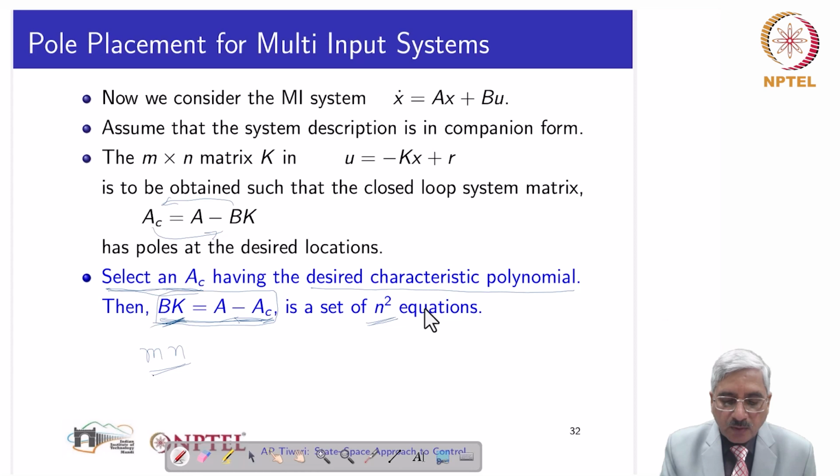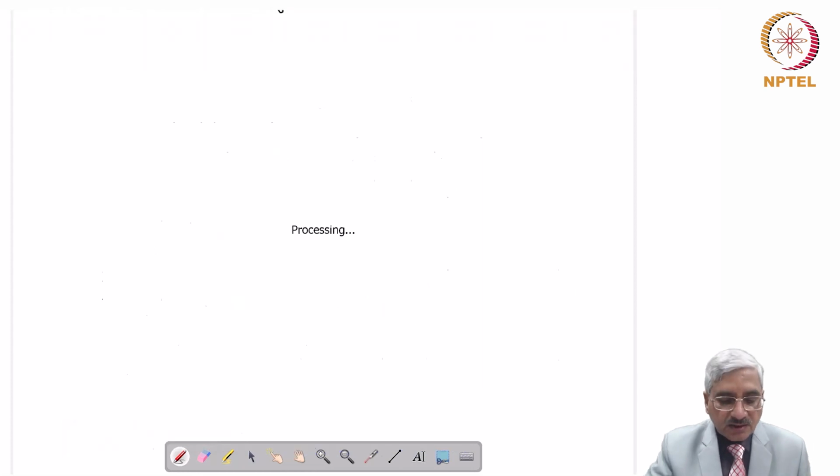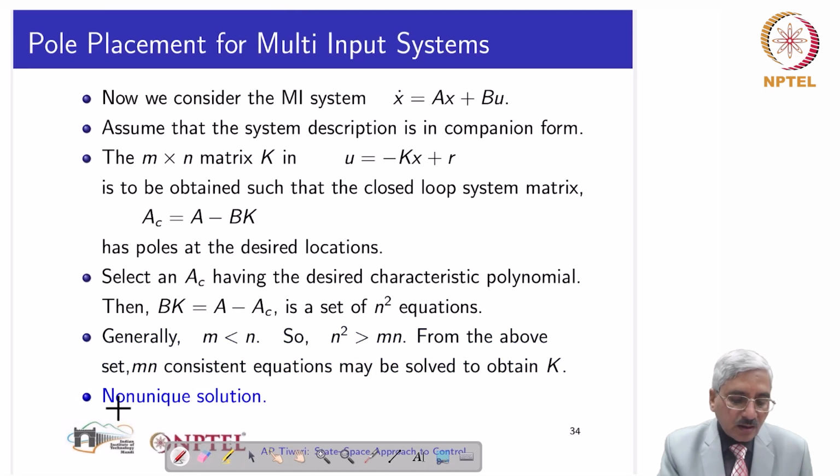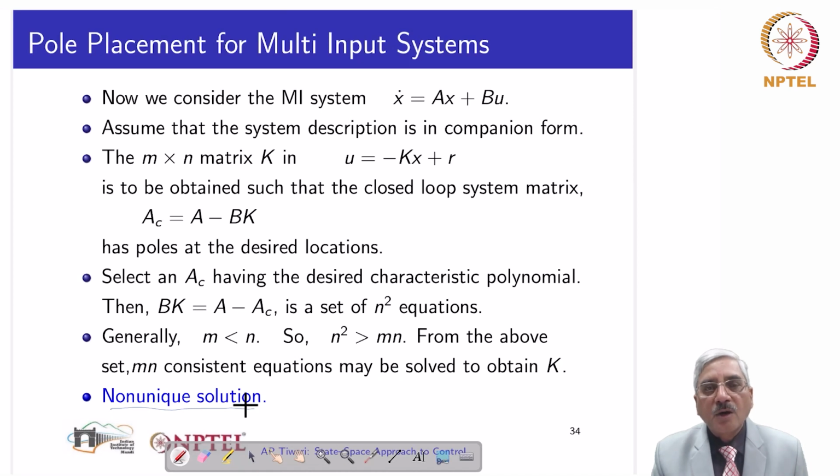So out of those n square equations, we have to take a consistent set of mn equations, and we have to solve them to obtain the K. Because we have n square equations and we are only using mn of them, we have a non-unique solution. Several solutions will be possible depending upon how we pick up the equations and how we solve.